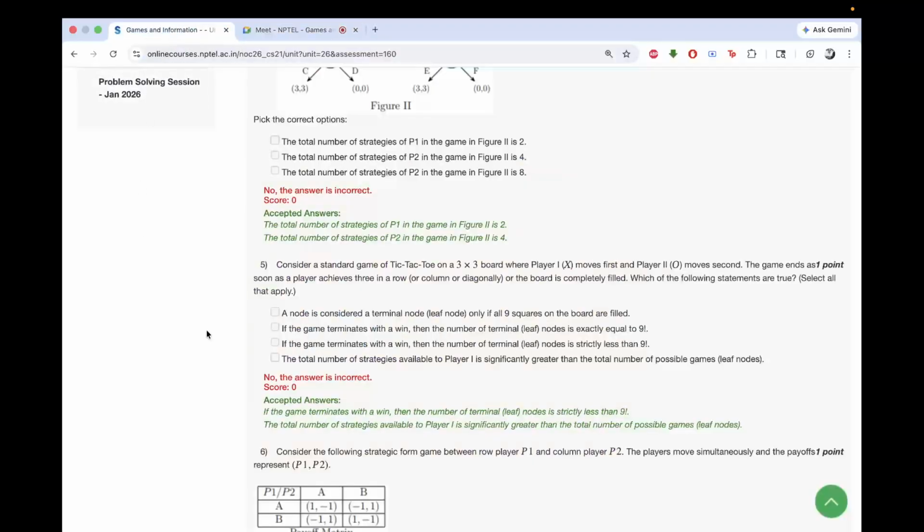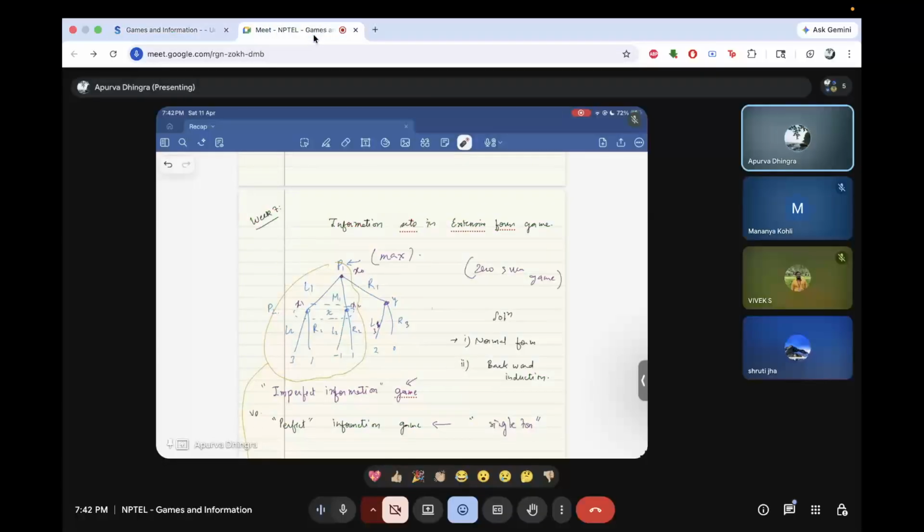Now, I'm just explaining the first part of the question, and then I'll come to yours also. So this is first asking what is the number of leaf nodes. Any player would get to play as many times until the board is filled.